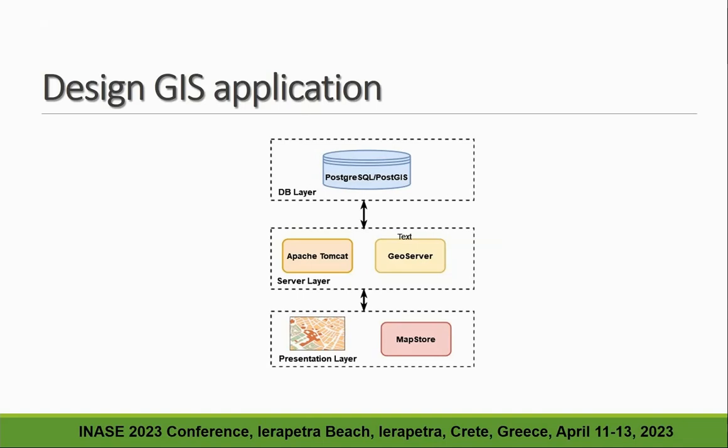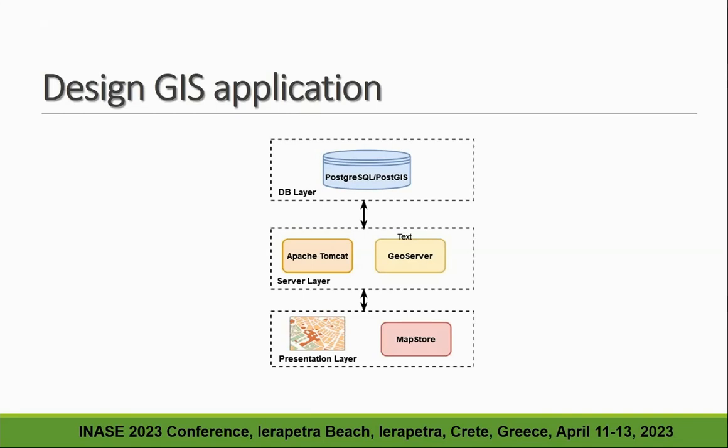Apache Tomcat was used for data filtering of the region, district, forest group, year classes, the sanitary protected zones and area. GeoServer was used to publish the spatial data in the web environment, and the MapStore application was used as the end user interface, which is in the presentation layer.